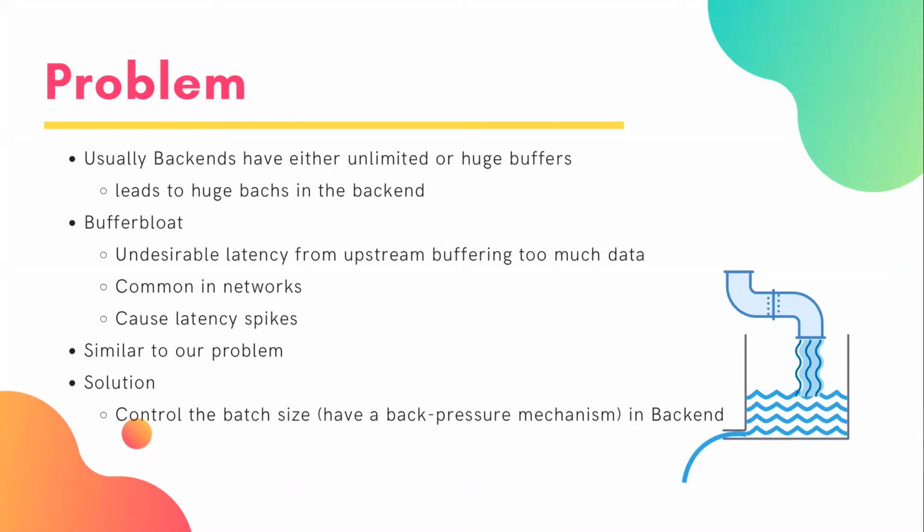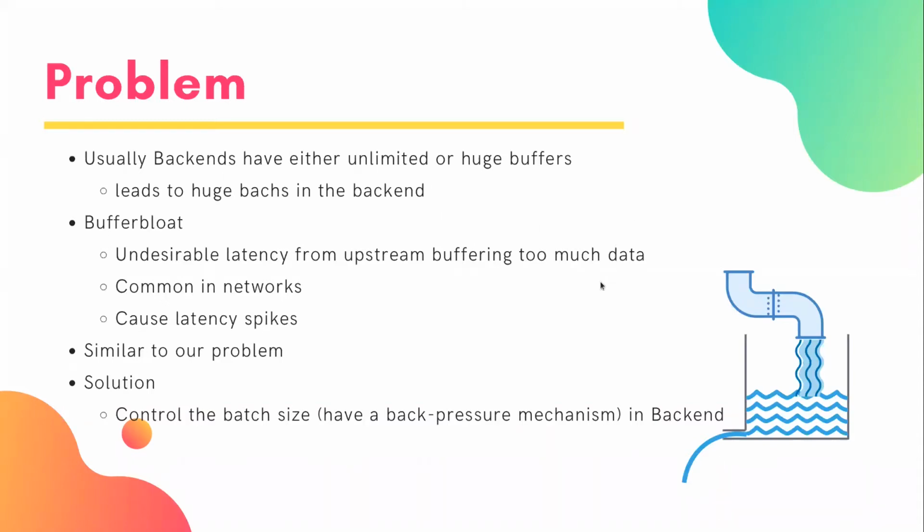Basically, when there is a buffer or a queue and the upstream submits too many requests and too much data to this buffer, we will have spikes in latency because the requests will have to wait in these buffers, and this usually takes some time, which we call queue delay.